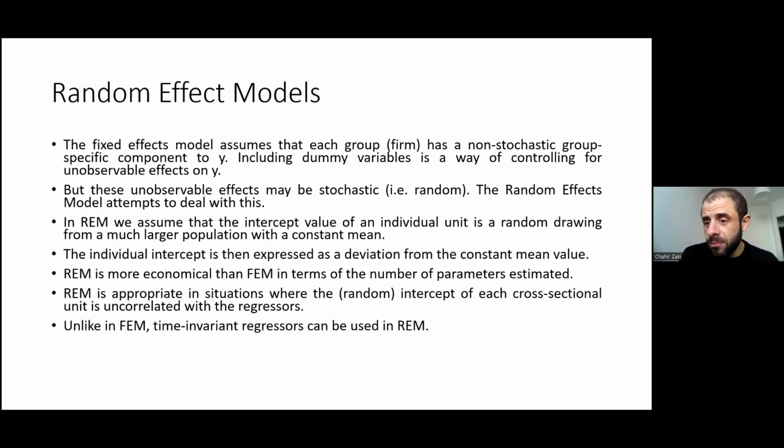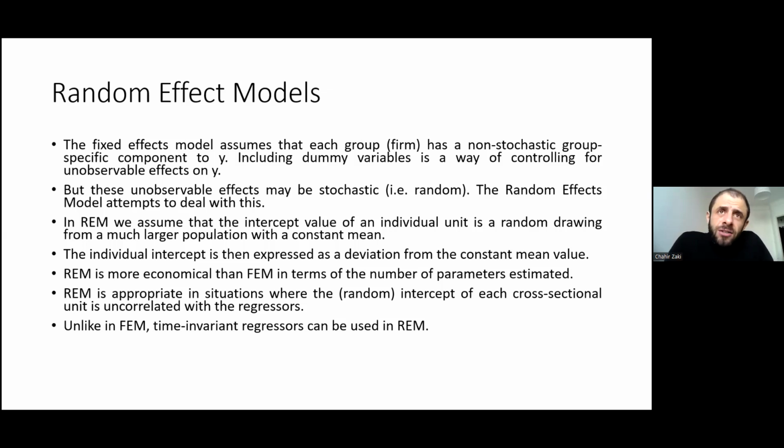So if I introduce a dummy variable for Rashida that takes the value of 1 and 0 otherwise, another dummy variable for Hassan, it will take the value of 1 and 0 otherwise, a third dummy variable for Zahra, it will take the value of 1 and 0 otherwise, and so on and so forth. So in this case, all the time invariant variables will be captured by those fixed effects.